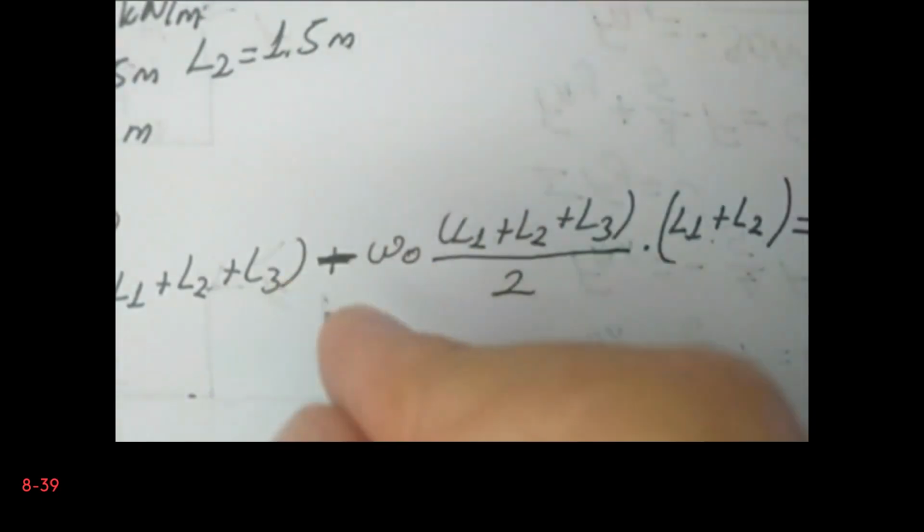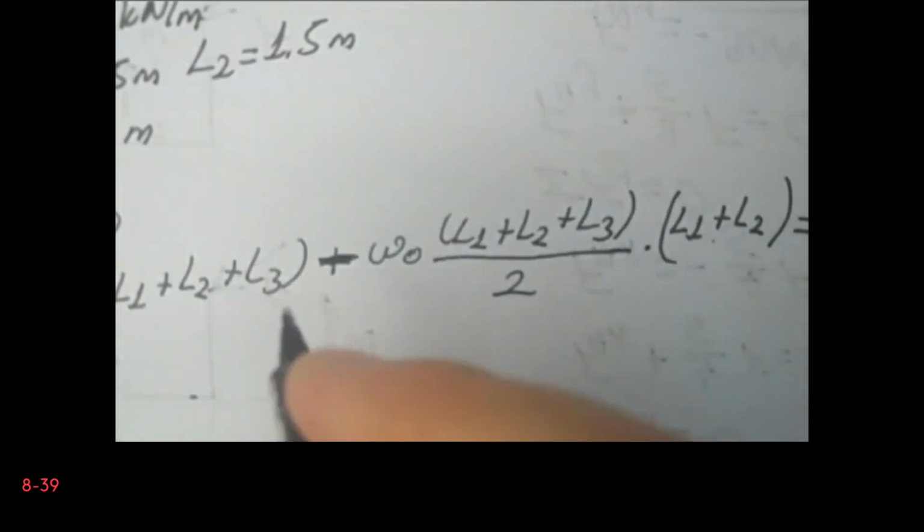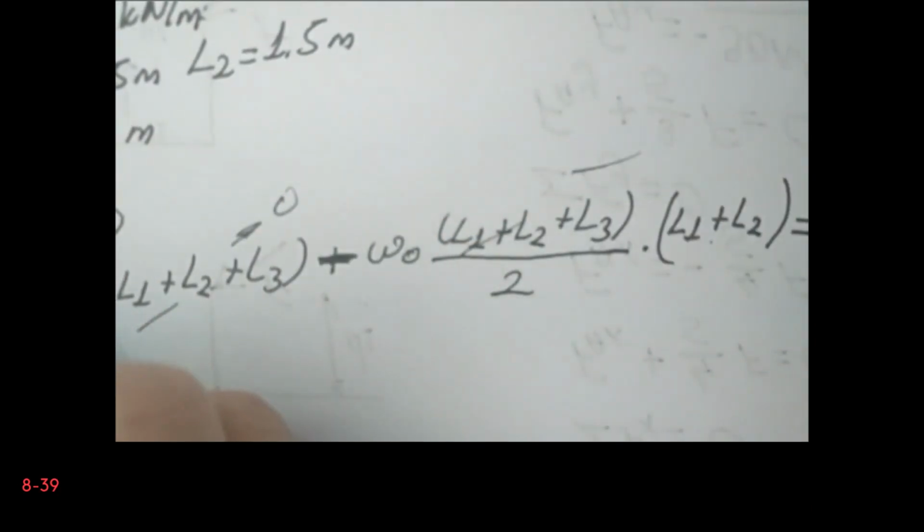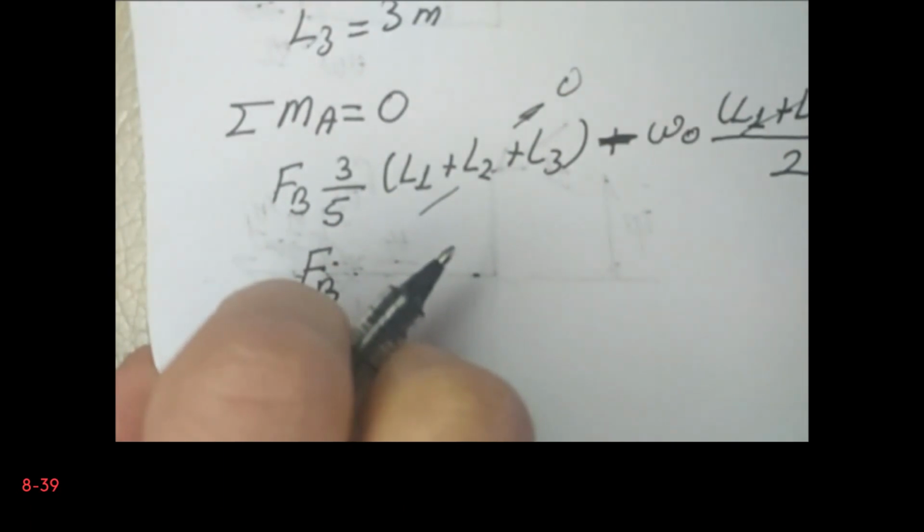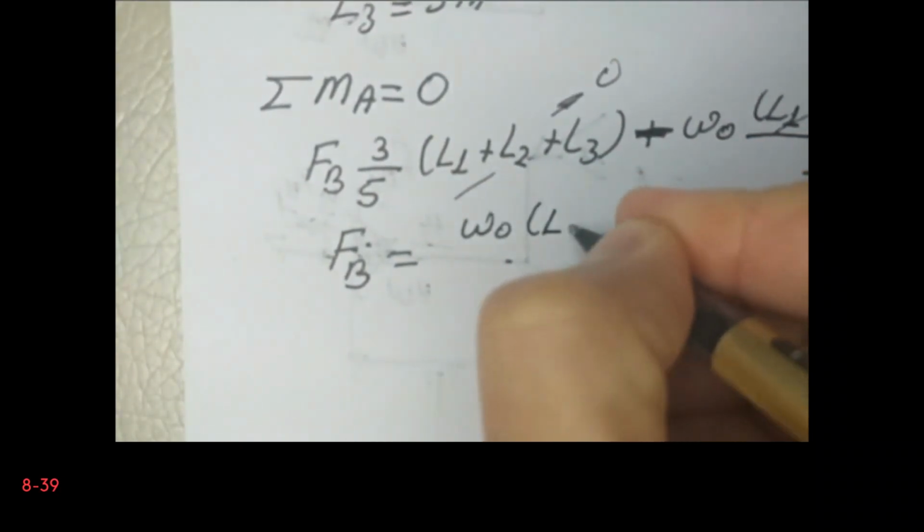In fact, this will cancel this expression, and from here we can calculate the FB. So FB is equal to W0 times L1 plus L2 multiplied by 5/6.